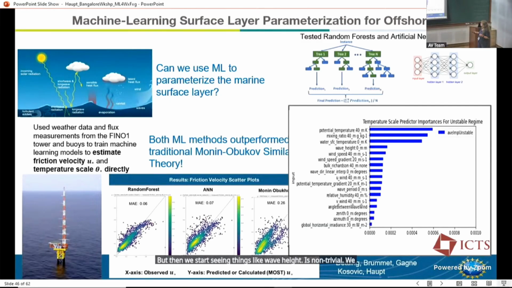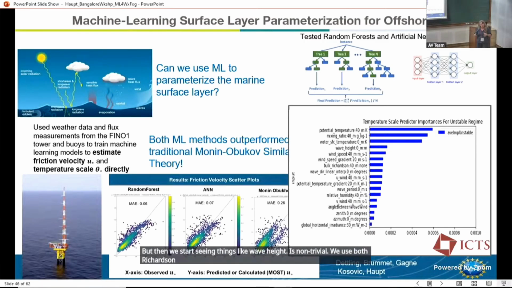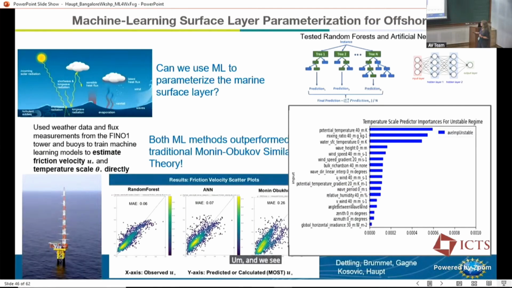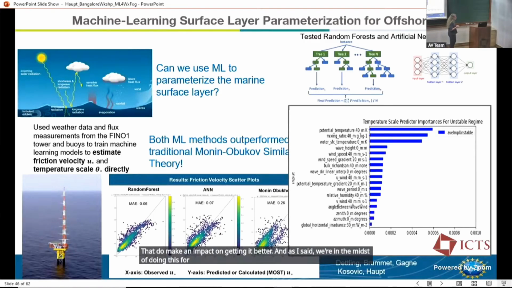We use Bulk-Richardson number as a derived variable to get the stability effects. And we see angle between waves and wind, things like that do make an impact on getting it better. And as I said, we're in the midst of doing this for more ocean cases and hoping to generalize it before too long.